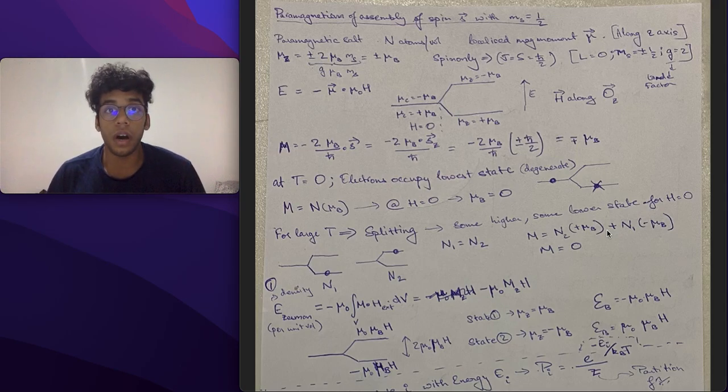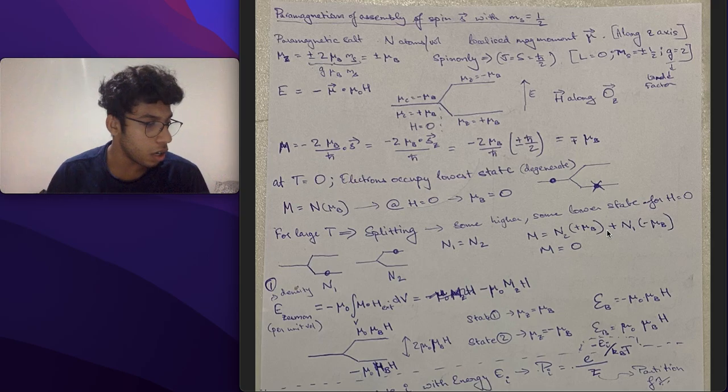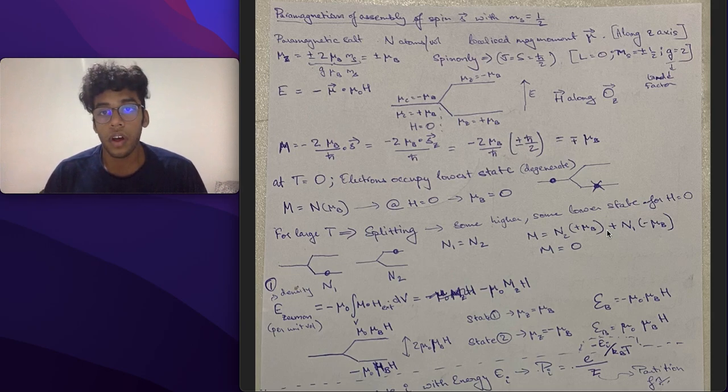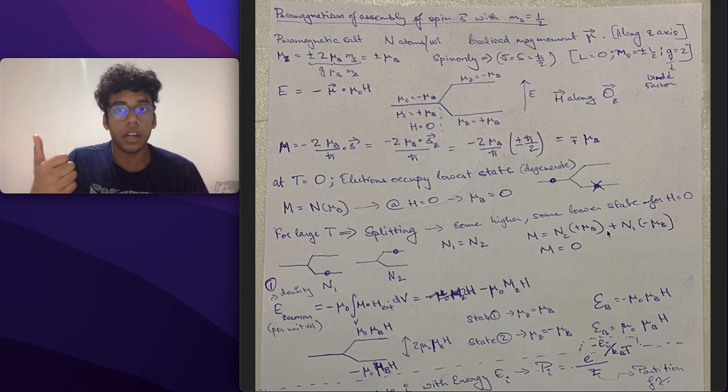In the paramagnetic and ferromagnetic cases, and even the anti-ferromagnetic, we will look only at cases where the contribution to the magnetic field comes only from the spin of the atom or the molecule. There is no orbital angular momentum.